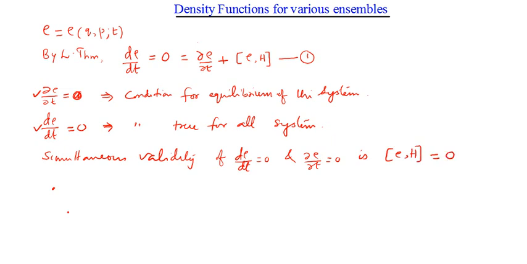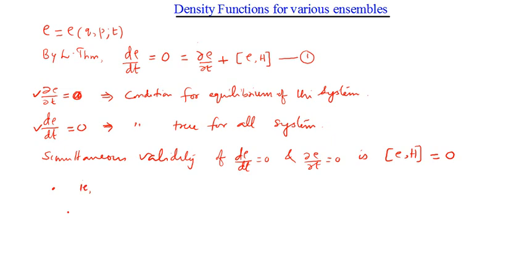I think it's crystal clear. Why? Because equation number 1 just gives that hint. So d rho by dt is always equal to 0, and if dou rho by dou t is also equal to 0, then certainly we can conclude from equation number 1 that the Poisson bracket of rho with h must be equal to 0. So what is the definition of Poisson bracket of rho with h?